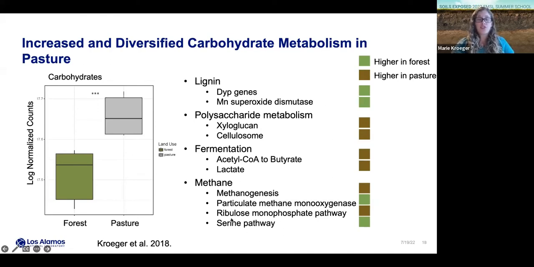And then again, connecting back to the methane focus of this work, I found that methanogenesis was higher in our pasture, which makes sense given that we had a higher abundance of some specific methanogens and that we know these pastures turn into a methane source. And then the particulate methane monooxygenase, which is a key functional marker for our methanotrophs, so those that oxidize methane, was higher in our rainforest. So again, this matches up with what we're seeing with the compositional data.